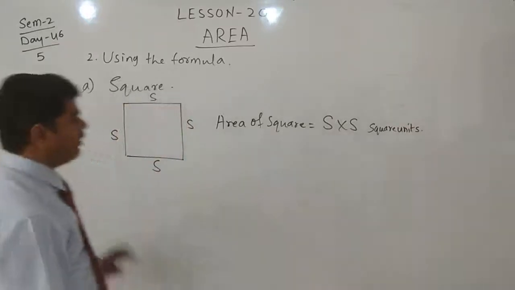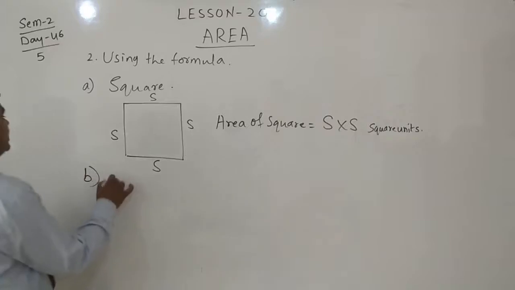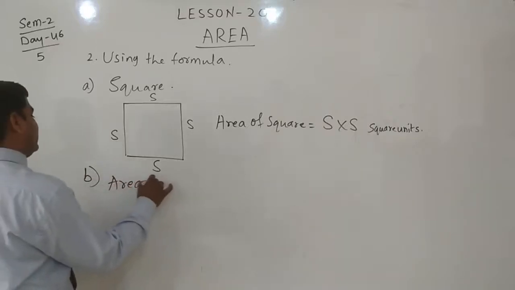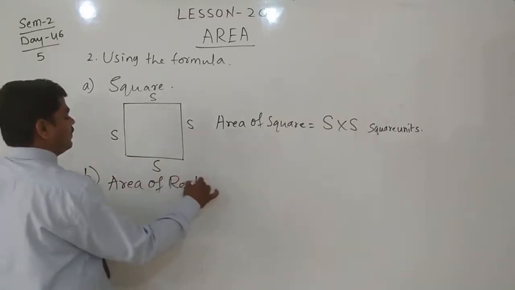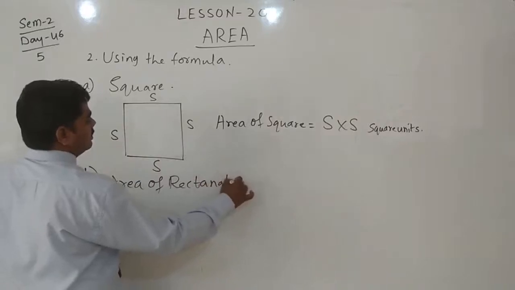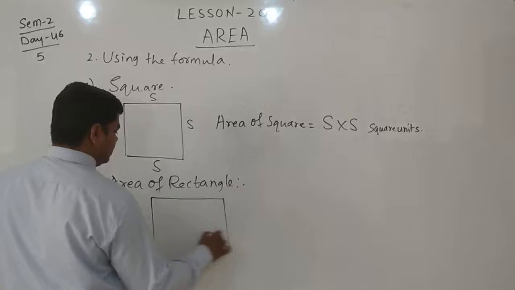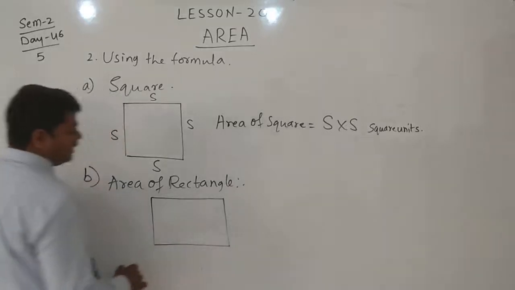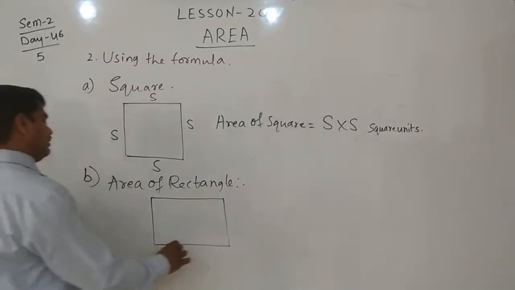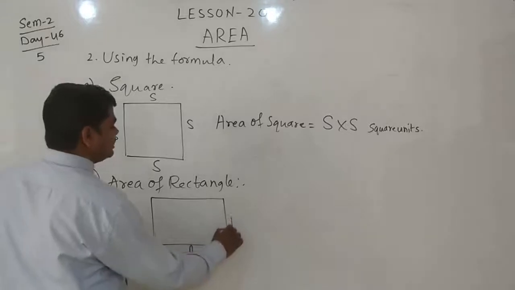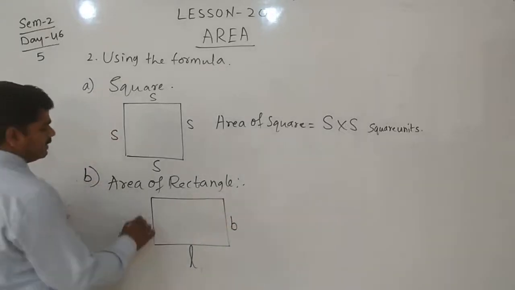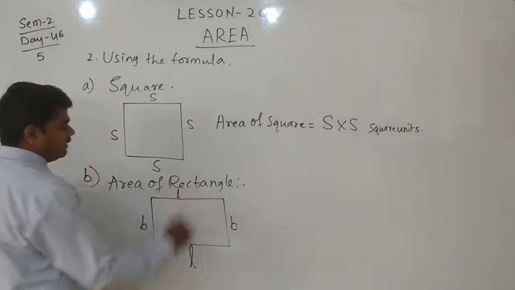Then one more we have, that is area of rectangle. Area of a rectangle is equal to, this is the rectangle. Draw this neatly with the help of a ruler. This is length, this is breadth, and this is also breadth, this is length.